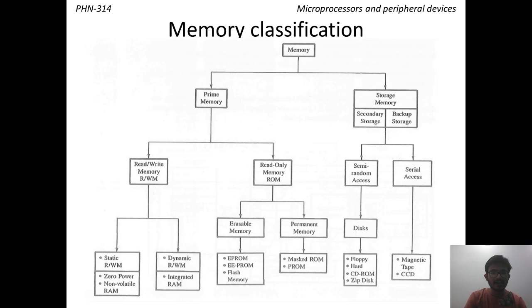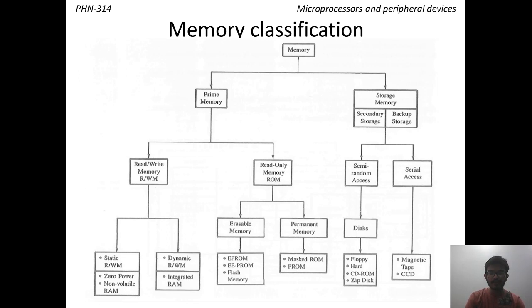We have discussed read and write memory. Let us switch to the other type of the primary memory, known as read-only memory. This is non-volatile memory and it retains the stored information even if the power of the system is turned off. Programs and data that need not be altered are stored in this kind of memory.